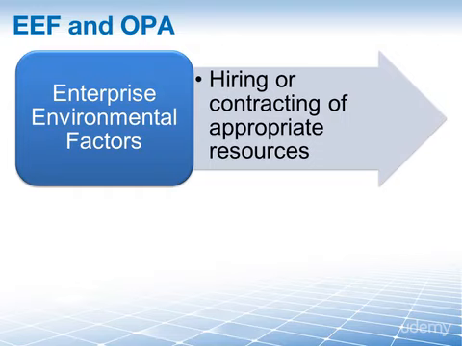For instance, if the project is using new technology, but none of your employees have the experience, then you may want to include hiring or contracting of appropriate resources into the charter. Or there may be a particular regulation that this project falls under that you need to consider.